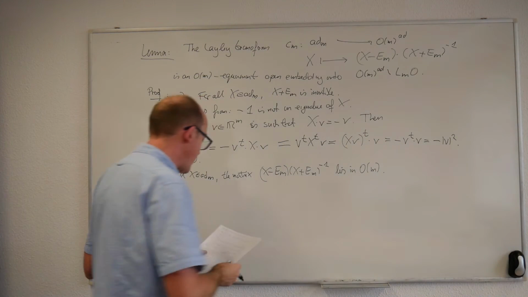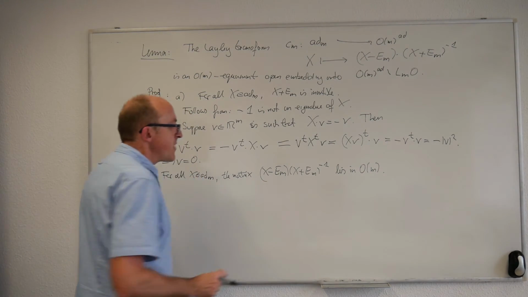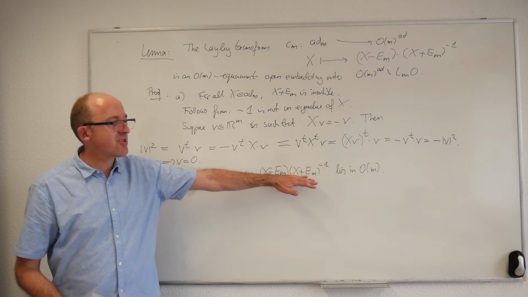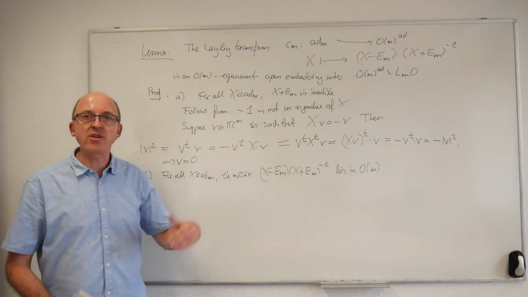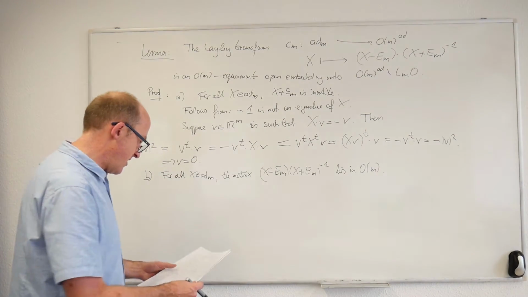So this again is a relatively elementary calculation, so let me show you how it goes. Being in the orthogonal group means that the product of this and its transpose is the identity matrix, product on both sides. I will only give you one of the two products, the other one is similar.